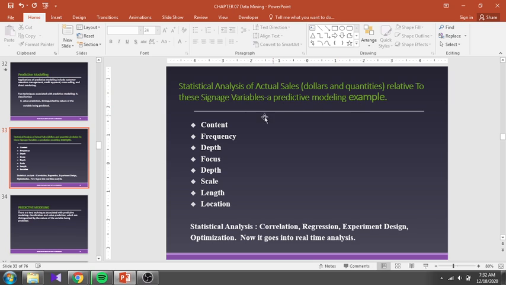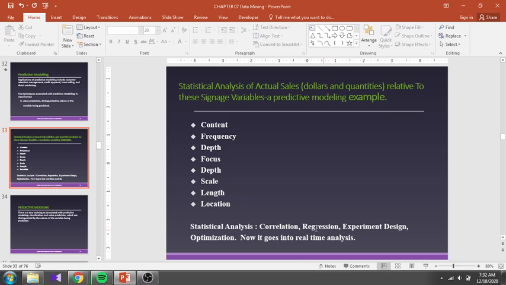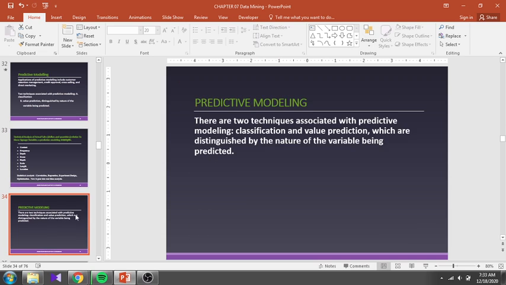A predictive model example: value, content, frequency, depth, focus, scale, length, location. So we look at the analysis of correlational regressions, experiment design, and optimization of the process, and now it goes into real-time analysis.